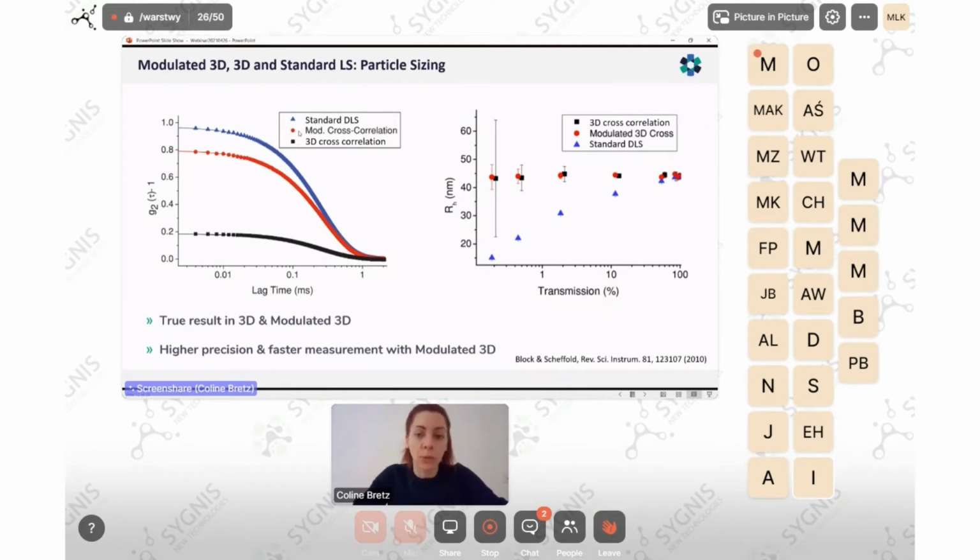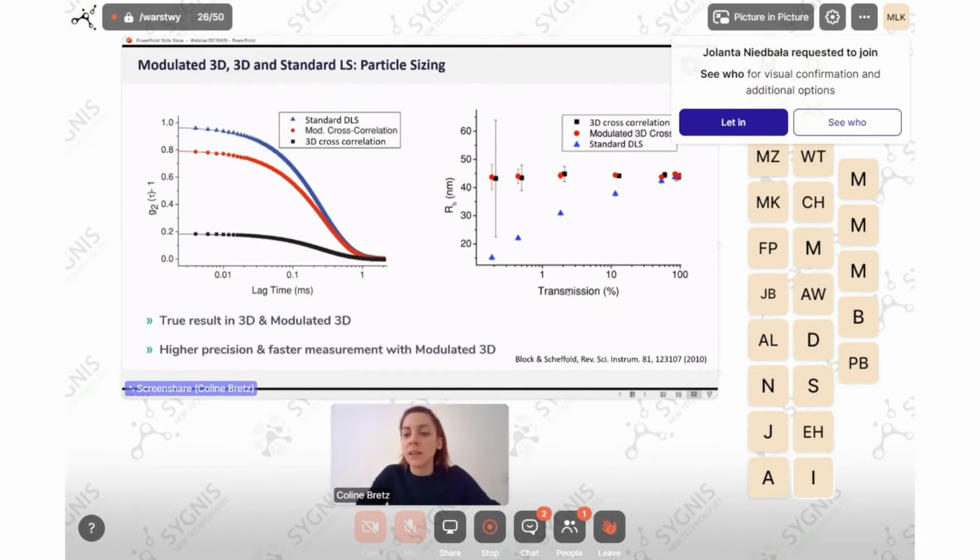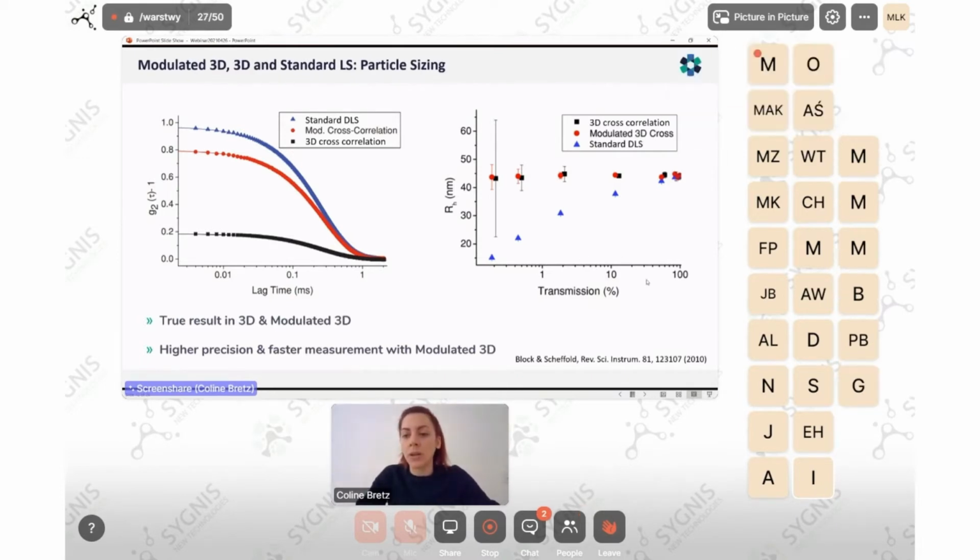This is very important to consider. If I look here at the results that were published in this reference paper, I see that when the sample is dilute, so when the transmission is rather high, the sizes obtained from a particular sample are the same.